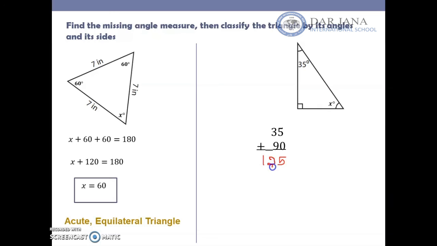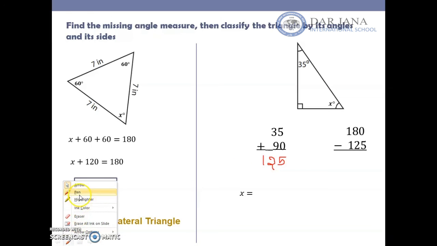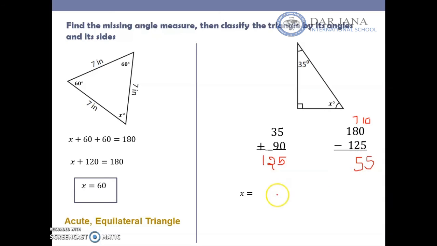So I add the measure of the angles given, and then I subtract it from 180. So 180 minus 125, this will be 7, and this will be 10. Now 10 minus 5 is 5, 7 minus 2 is 5, 1 minus 1 is 0. So the measure of the missing angle is 55. So 55, 35, and 90.